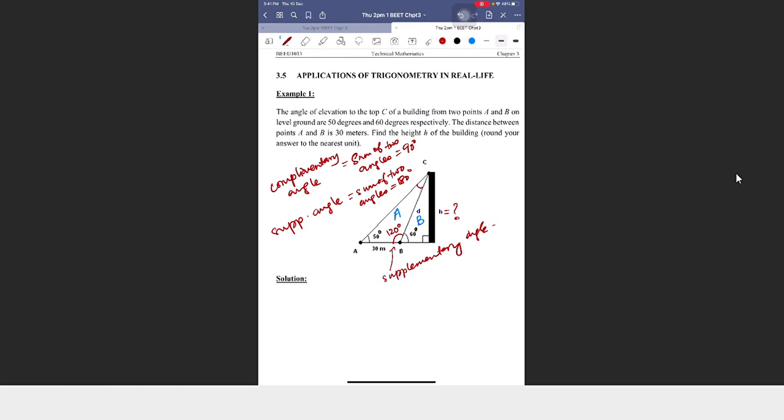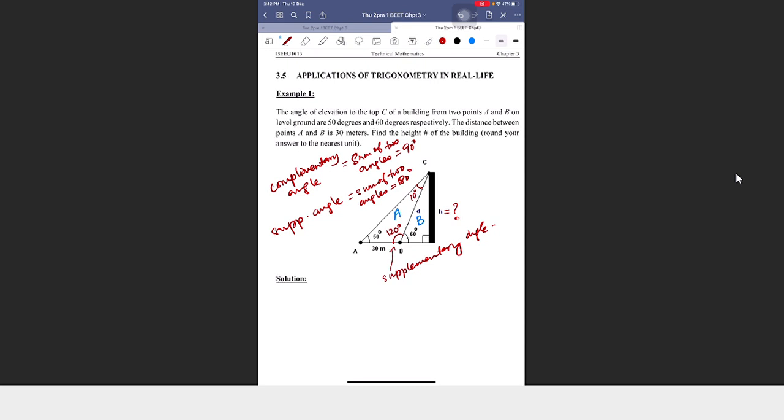That is what we call supplementary angle. That's just the name. So if that is 120, the supplementary angle, then of course 120 plus 50 is 170 degrees, and the fact that the sum of all angles in a triangle equals 180 degrees, so this is just 10 degrees, right?